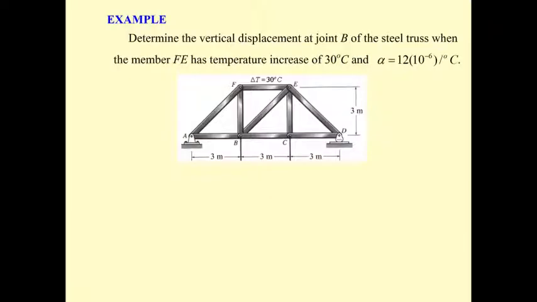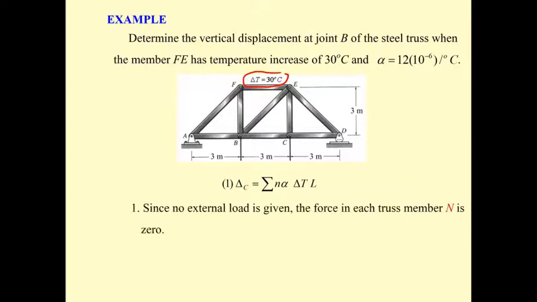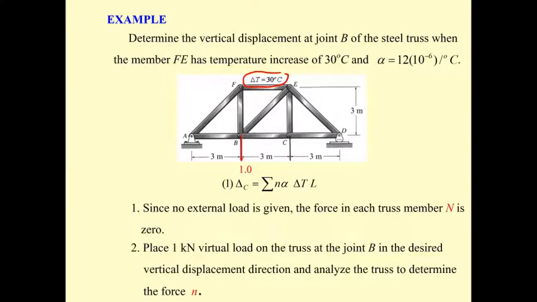Okay, now to our problem, we have done the formulation already, and let's say the temperature at this portion of the roof just gets hotter, as you had before. You have to determine the force, small n. There is no n, n is 0. For the small n, you put the force at point B, sorry, this is wrong, at point B in the vertical direction.